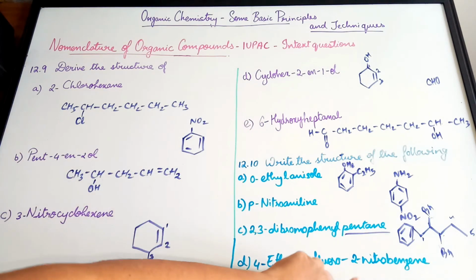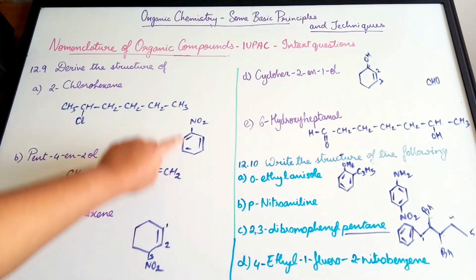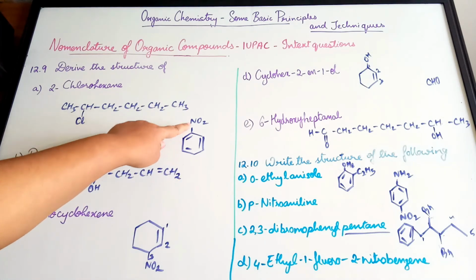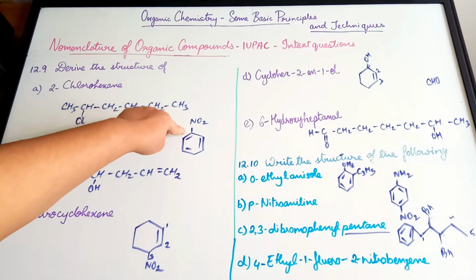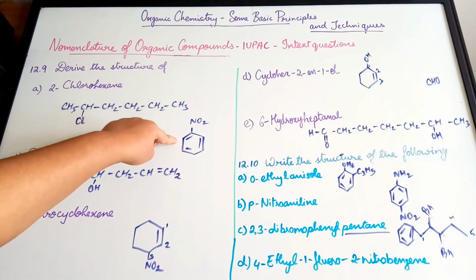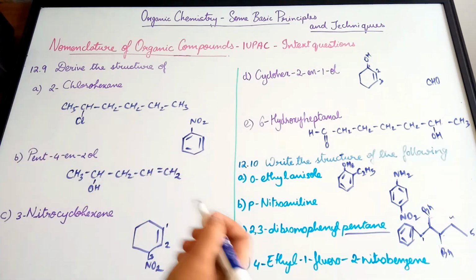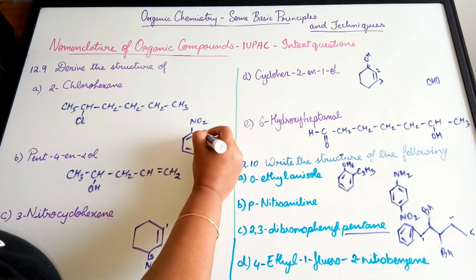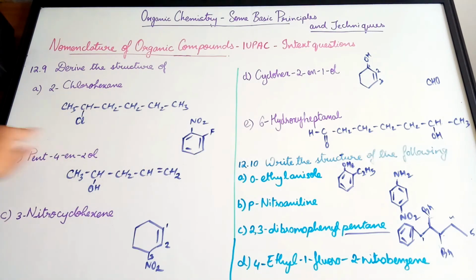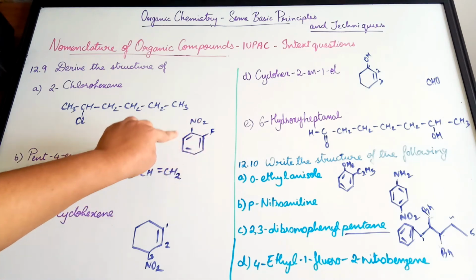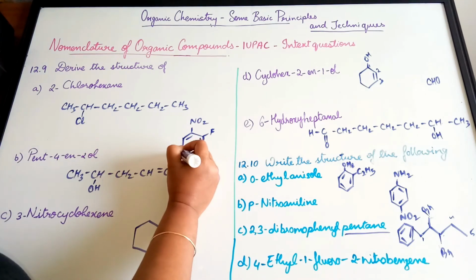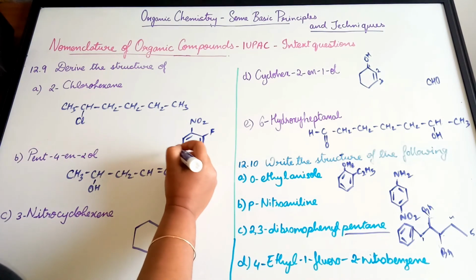Now according to this, the nitro group is at the second carbon. So assuming this is the second carbon, this would be the first, or you can take this as the first. Either of them can be the first. So I'm taking this as the first carbon. So 1, 2, 3 and 4. So here you will have the ethyl group.